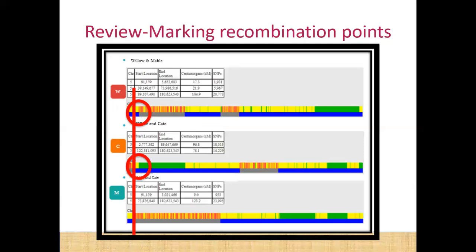And when we look below, we see again a half match on the right side of the line of recombination, yellow on the top, blue on the bottom, but this time it's followed by a full match. Green on the top, blue on the bottom, meaning Willow and Kate share DNA on both copies of chromosome 5 with each other. So we can insert our second line of recombination.